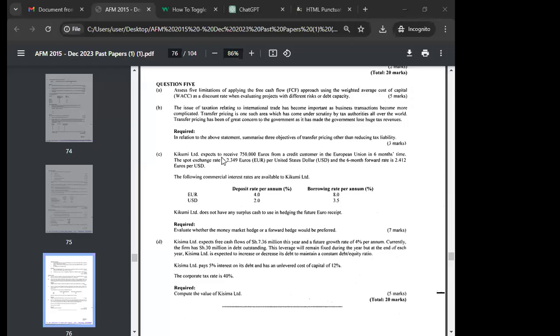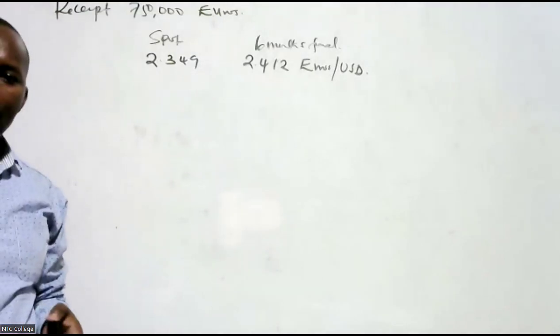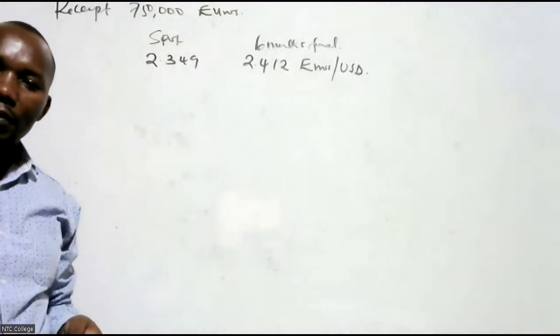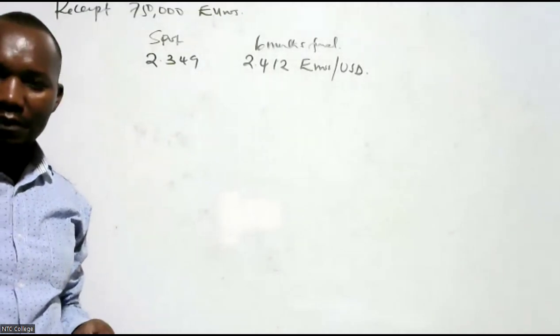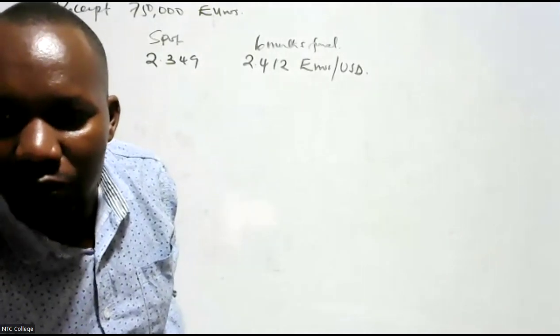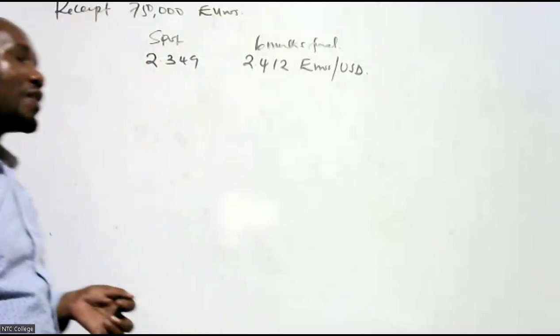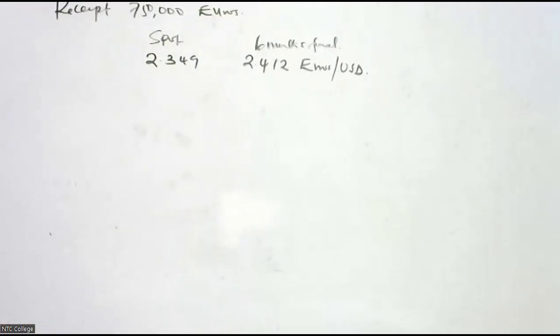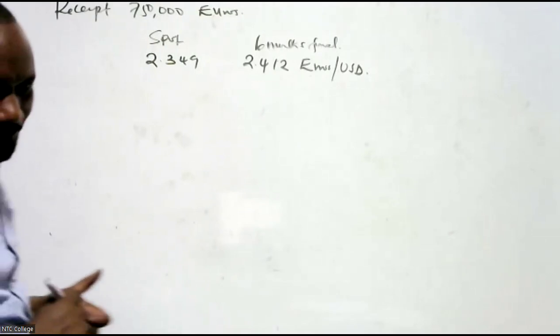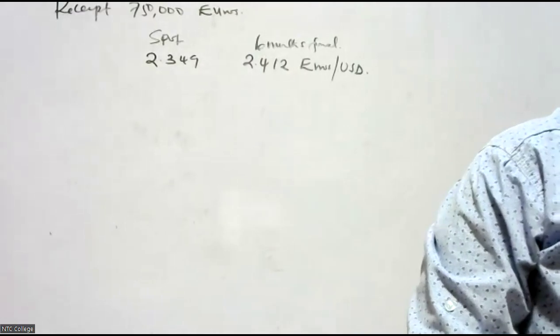Tumeambiwa Kikumi Limited expect to receive 750 euros from a credit customer in the European Union. Sasa Kikumi mwenyewe ako wapi? Which country? Is it in Europe or it is in US? Ako US, thank you. Ako US, that is why I expect to receive the money from the other country. So which kind of expression is this? Is it direct or indirect?